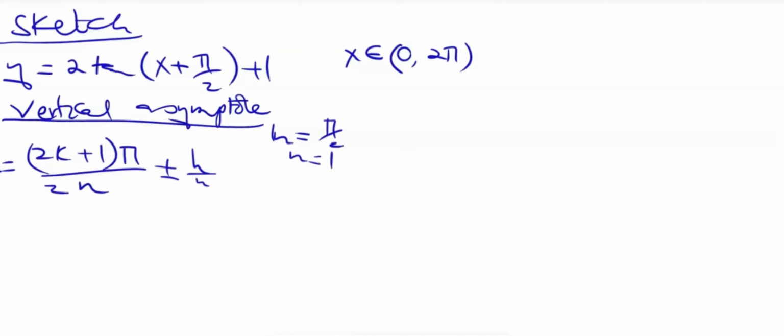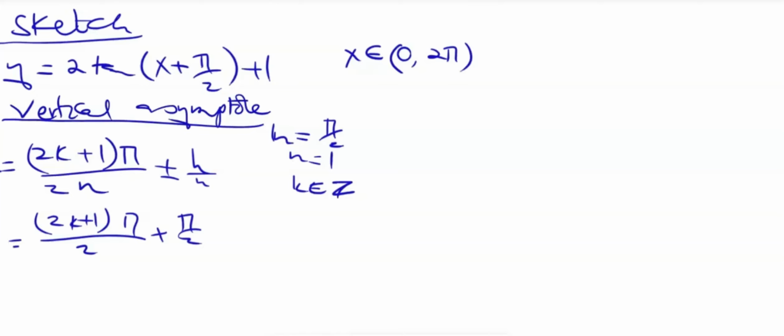So that means 2k, where k is an integer value. That's how we get the vertical asymptote, I should say.